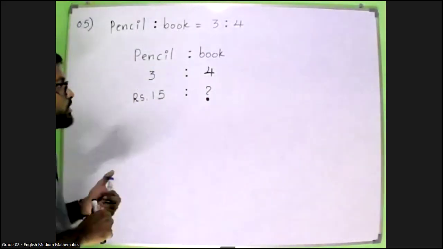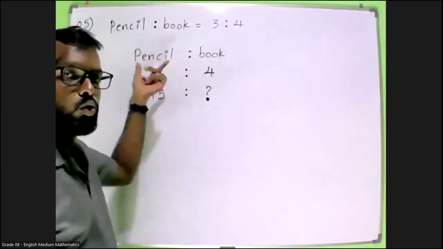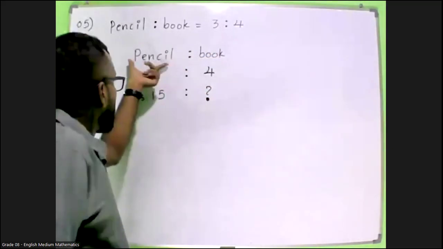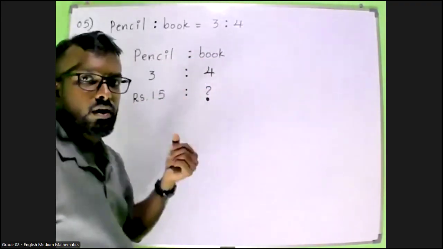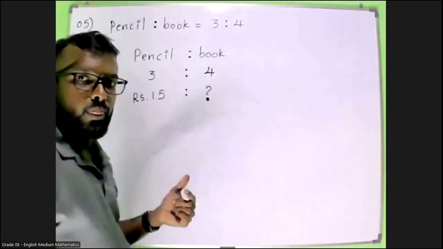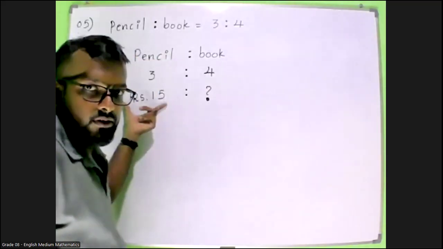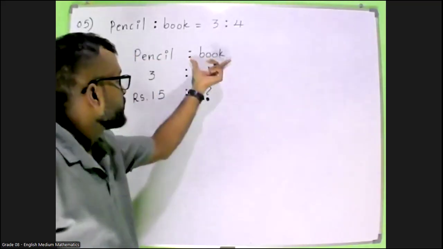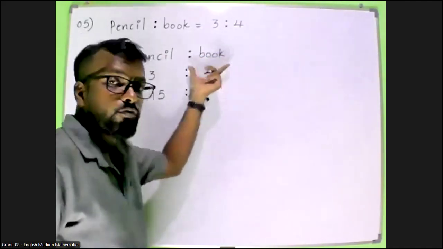So try to understand the way I am doing. You have two items, pencil to book, and the ratio has been given as 3 to 4. And the price of the pencil has been given, 15 rupees. And you have to find the price of the book.